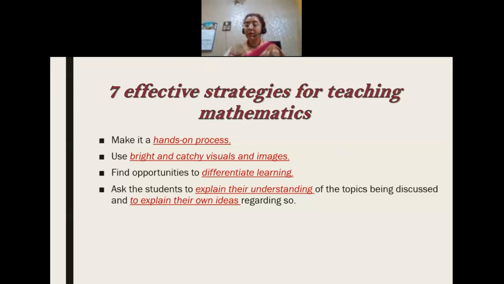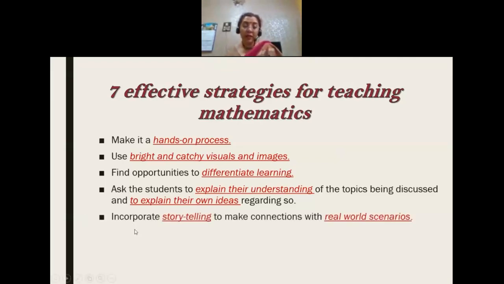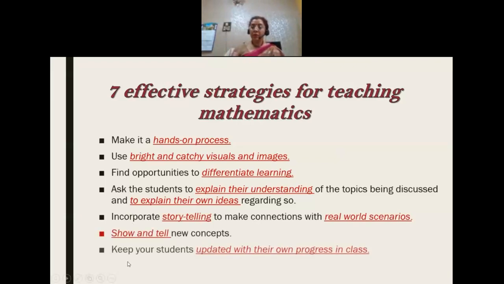Maybe I am teaching in one method and they are accepting or translating it into exactly another method, which is wrong. So please ask them to explain their own ideas. That is very important. Incorporate storytelling and give them the new concepts.